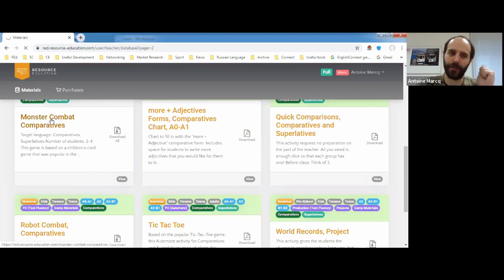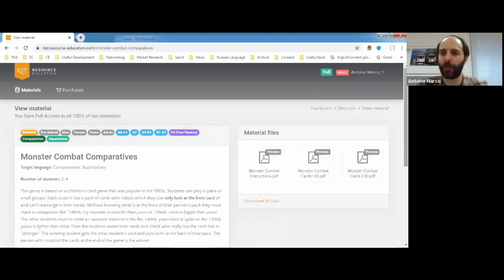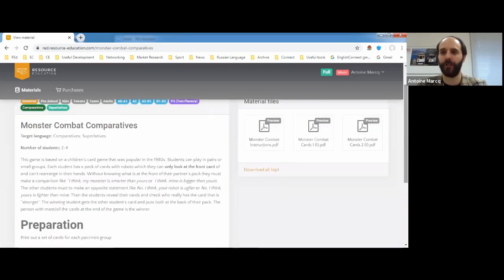The principle is very simple. On each card, there's going to be a robot, or here, in this case, a monster. We're taking a look at Monster Combat. On each card, there's going to be a monster, a picture, and a name, and also characteristics. Check it out.